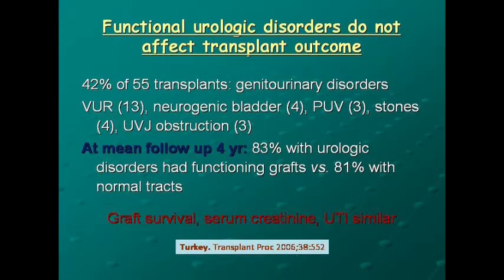Similar data from another report: of 55 odd transplants, almost 40% were in patients with genitourinary disorders, and at mean follow-up of 4 years, 83% of patients who had a urological disorder had functioning grafts compared to 80% of patients with normal tracts. So it does appear that if managed appropriately, functional urological disorders would not affect long-term transplant outcome.